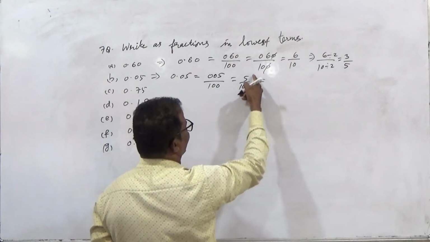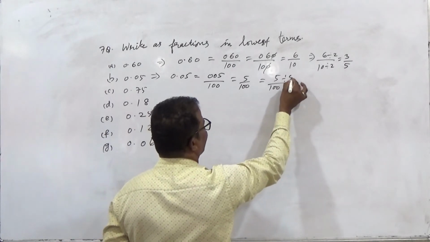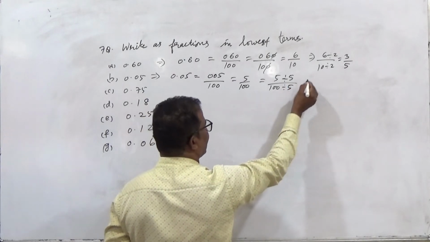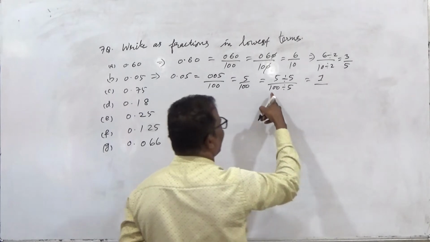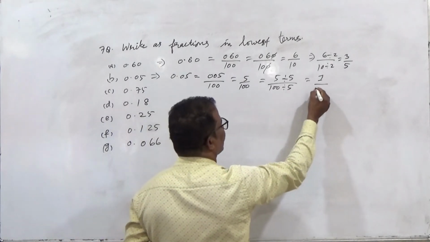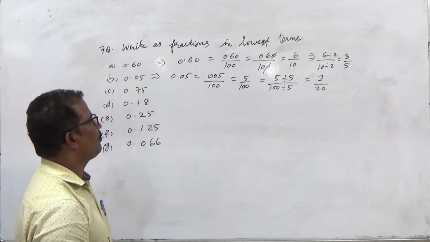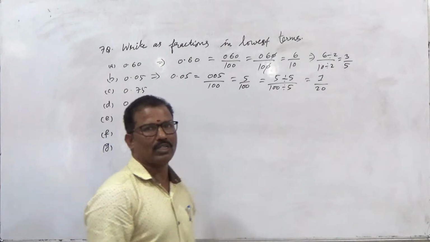What is the common factor between 5 and 100? It is 5 only. So we can divide both numerator and denominator by 5. We get 5 divided by 5 means 1 only, and if you divide 100 by 5 we will get 20. So the lowest form of this fraction 5/100 is 1/20 only.